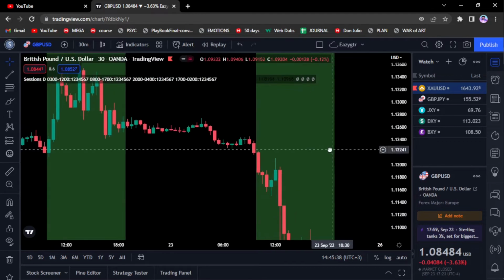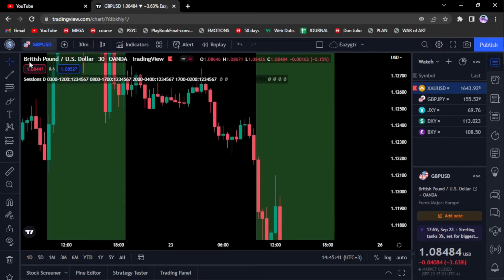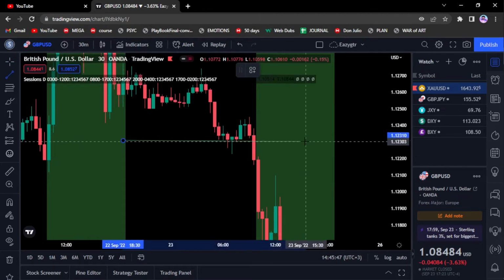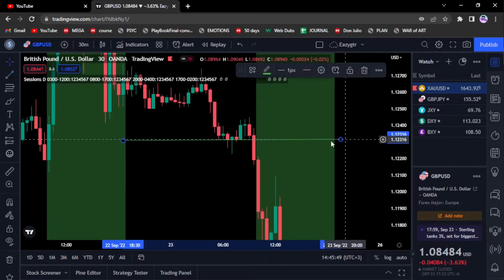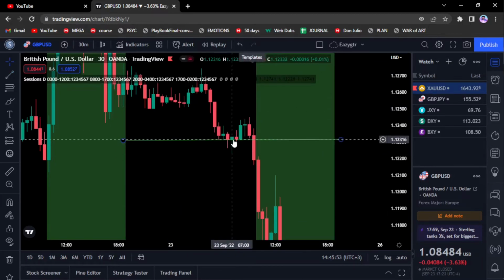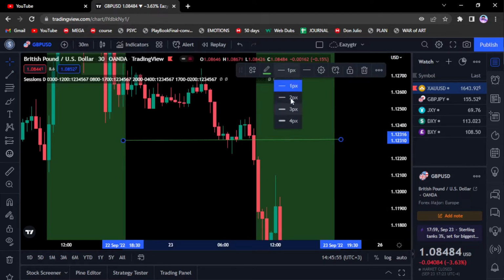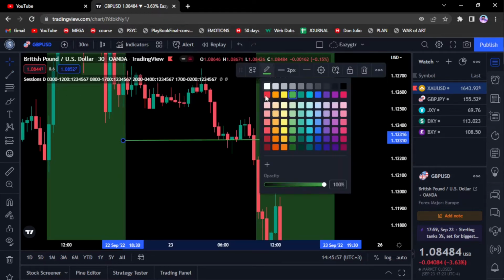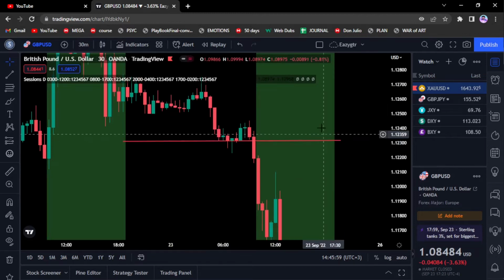Okay, so as of last week, before you enter your positions, you want to have your demand zone drawn out. Let me change the color to a more visible one, red.